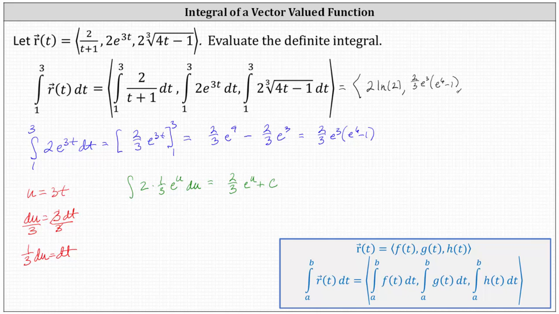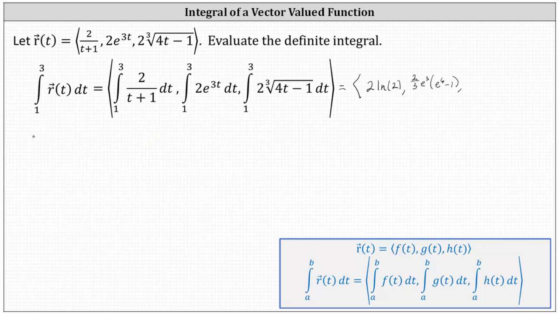And now let's consider the integral for the z component. We have the integral from 1 to 3 of 2 times, let's write the cube root using the rational exponent of 1/3, giving us the quantity 4t minus 1 to the power of 1/3.